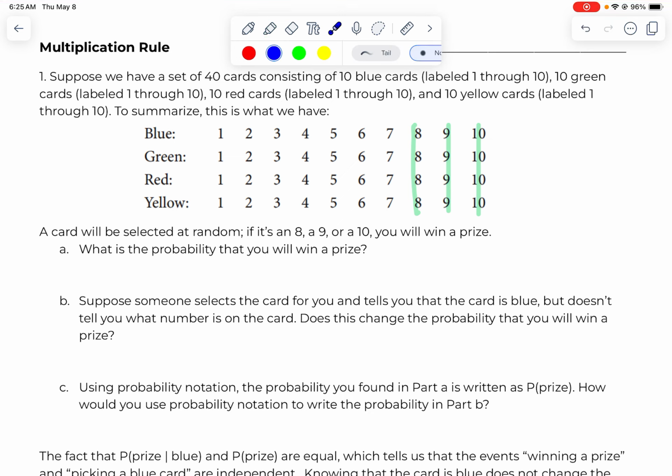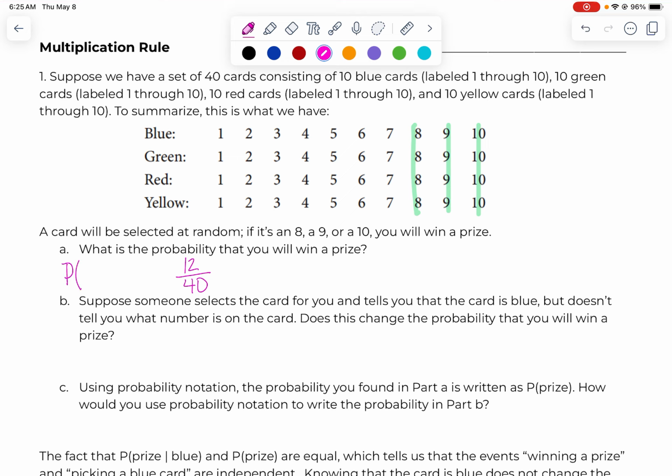So we have 40 cards total, and 1, 2, 3, 4, 5, 6, 7, 8, 9, 10, 11, 12 of those cards would allow me to get a prize. So 12 out of 40. But we also need to add our probability notation.